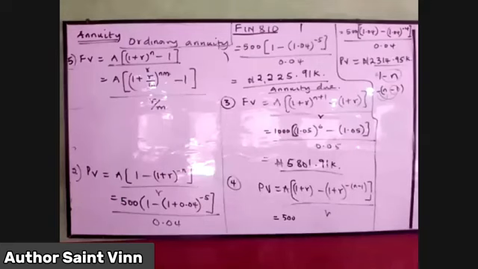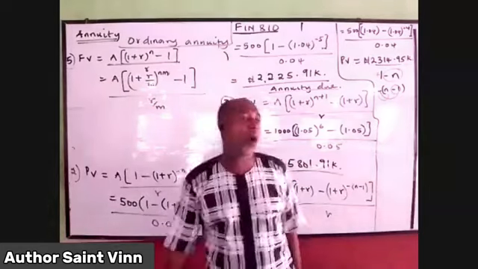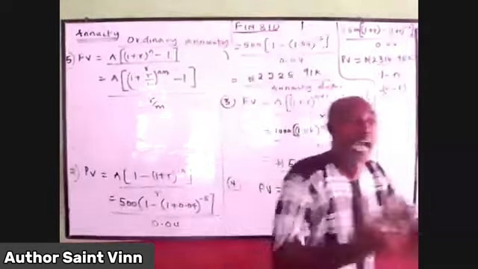R divided by 365? What is under that R? M is the number of times interest is compounded per year. M is the number of times the interest is compounded.